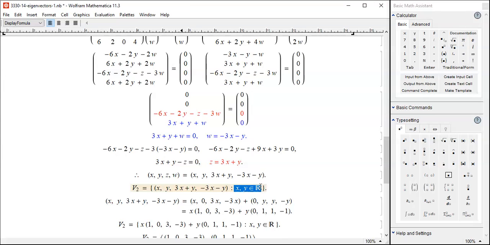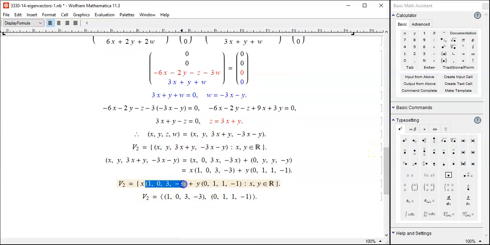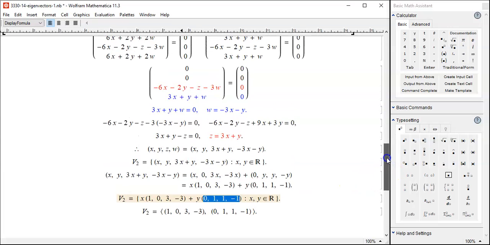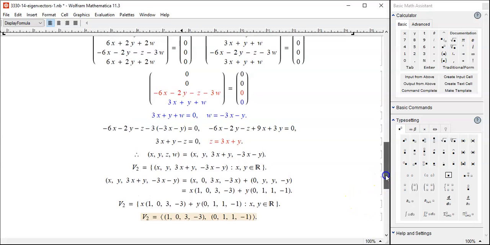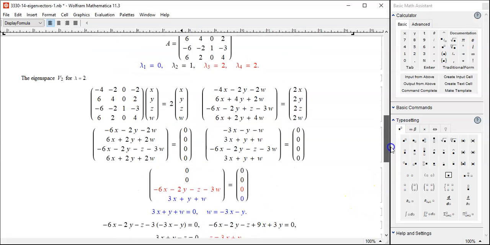Or you can plug in X equals 1, Y equals 0, and vice versa, X equals 0, Y equals 1, get 2 vectors, which will be this one and that one respectively. Go back to previous videos if you want to make sure of all those. And then you can write it as the set of all linear combinations generated by those 2 eigenvectors. In any case, it'll work.